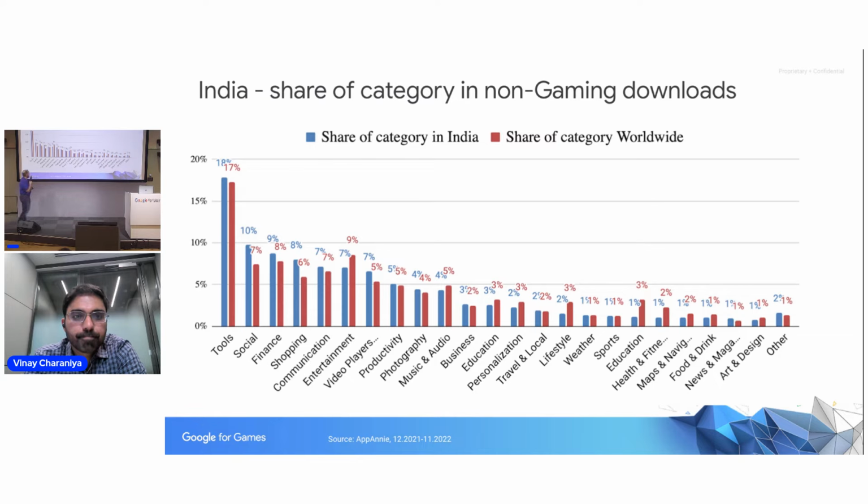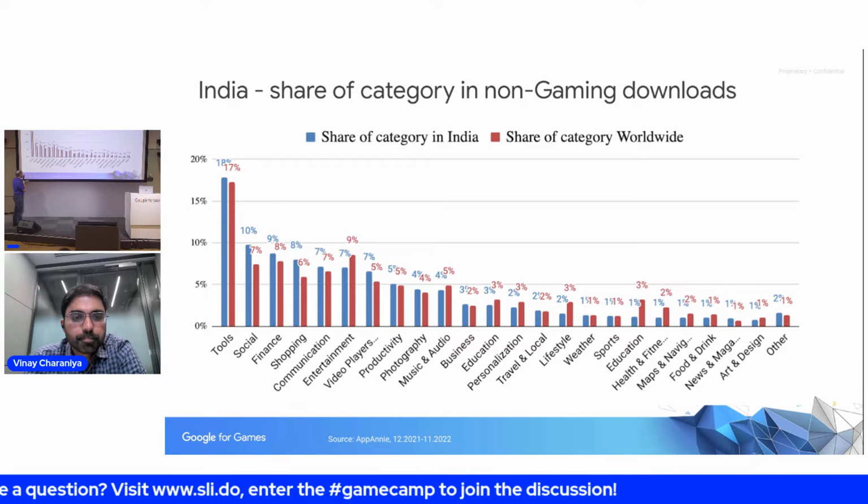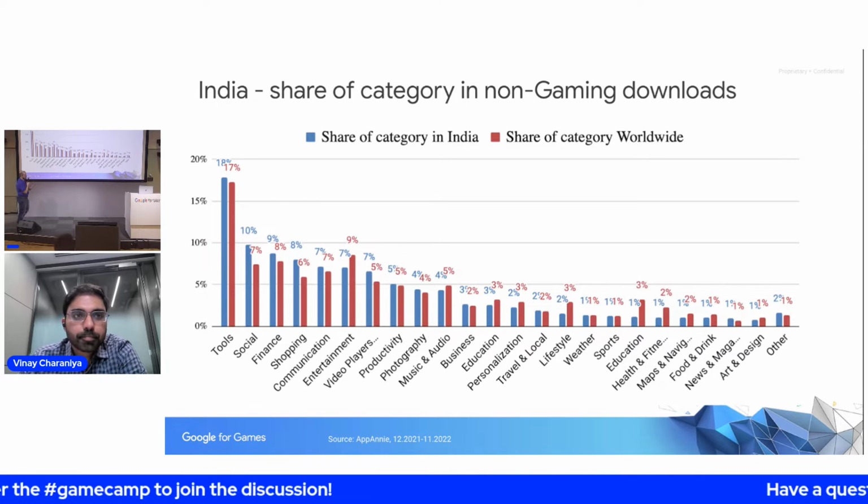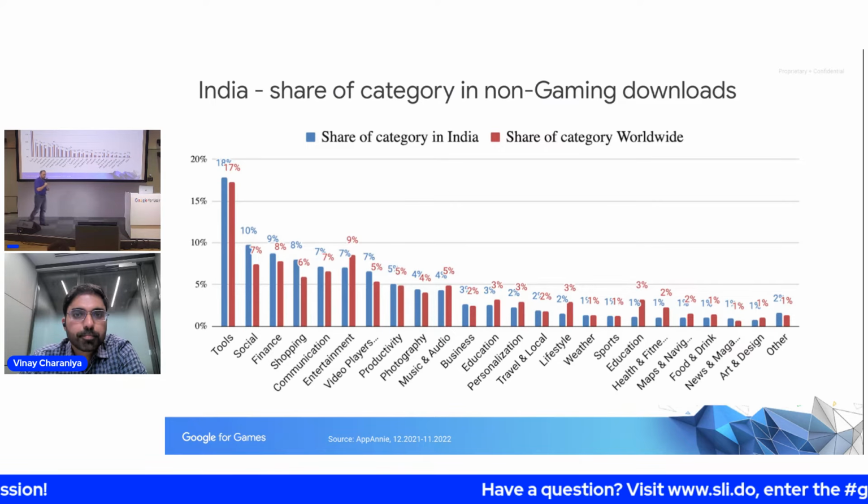We see in non-gaming a strong over-representation of, for example, social, finance and fintech apps in India. Those are extremely strong. Communication and education are quite strong there as well.